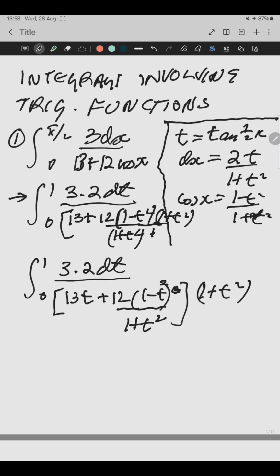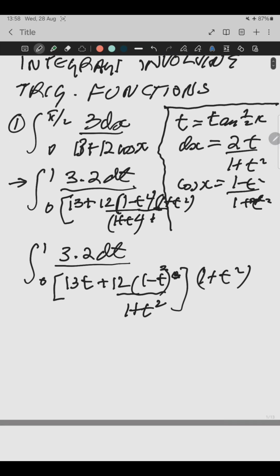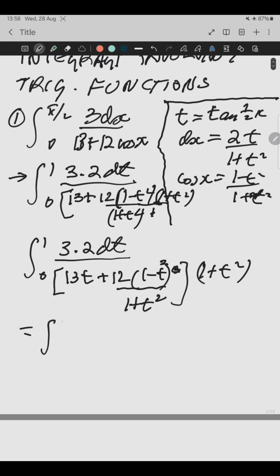And that simplifies out quite easily, when you multiply it out, to the integral 6 dt over t squared plus 25.